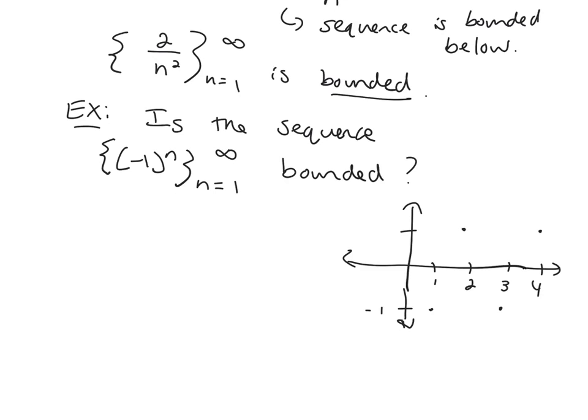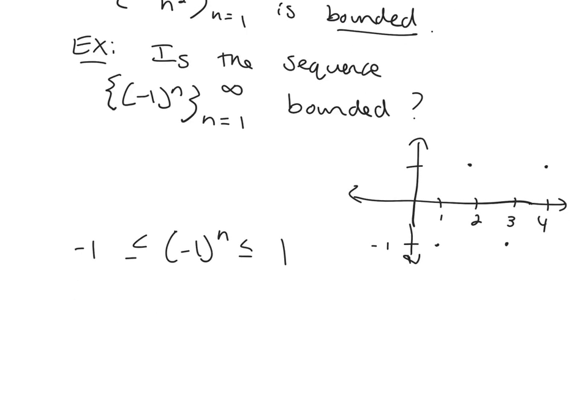Exactly. This sequence, negative 1 to the n, is always between negative 1 and 1. It's one of those two values. So this is a bounded sequence.